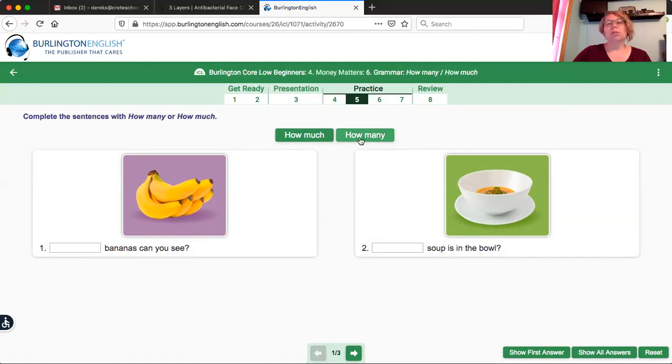So if I want to ask about bananas, which will I use? ¿Cuál pregunta por bananas? Did you say how many? How many is correct. ¿Por qué? Bananas, you can count. What about soup, sopa? How much? How many? Which question?